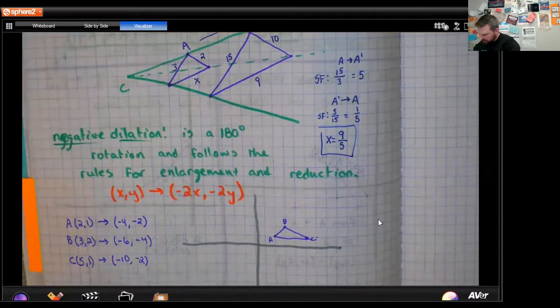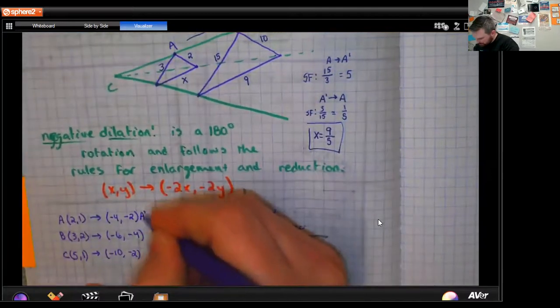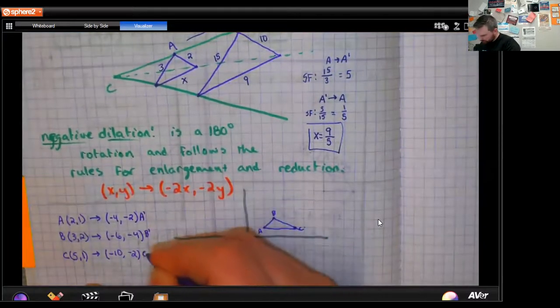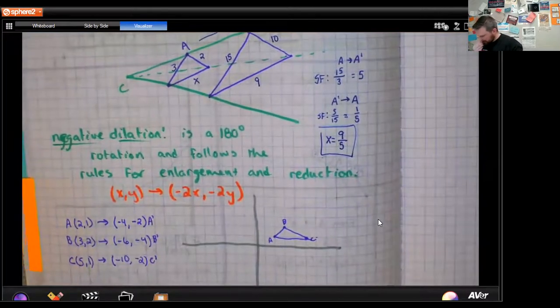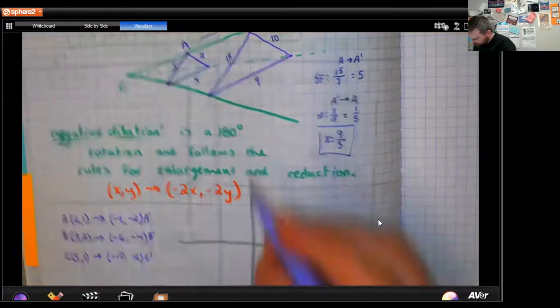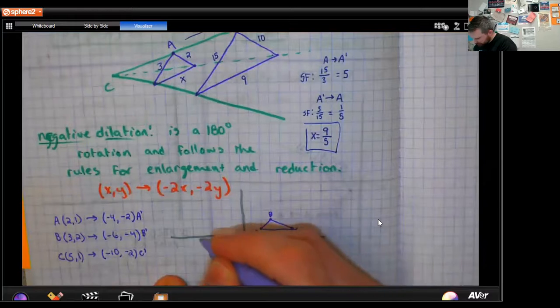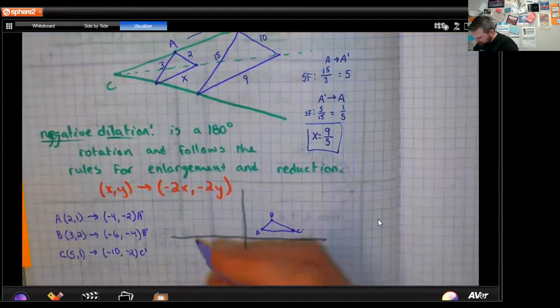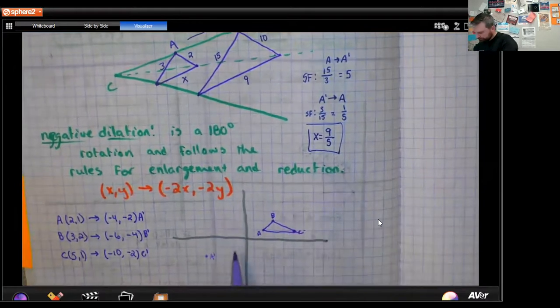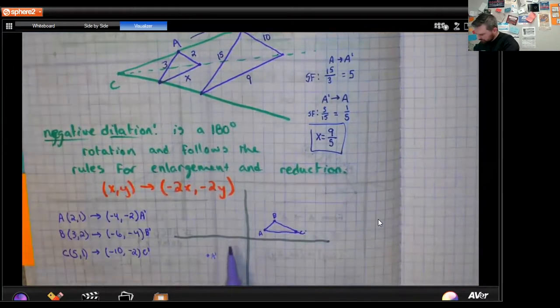So this would be A prime, B prime, and C prime. Hopefully I got some room here to do that. So -4, -2. That's A prime. -6, -4.